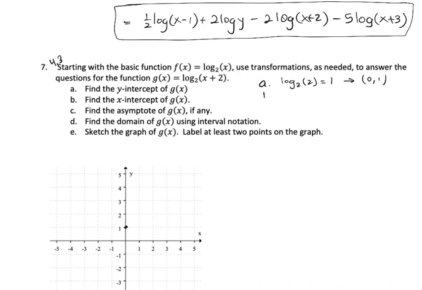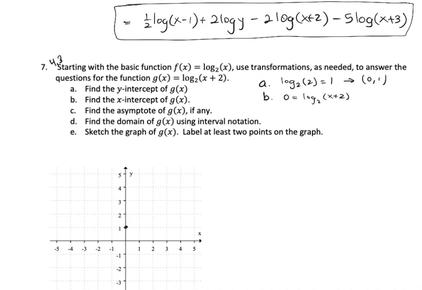Find the x-intercept. That's where we let y equal 0. In this case, y is just g of x, so that one's going to be 0 equals log base 2 of x plus 2. So in section 4.5, we talked about how to solve this equation. This is just a logarithmic equation. You solve a logarithm equation by canceling the logarithm.